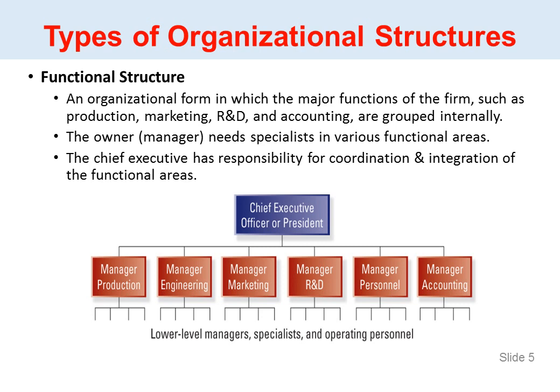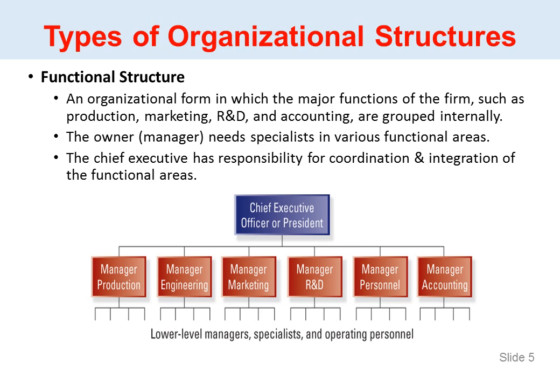Most companies are using such a functional structure. At the lower level are the employees or laborers, which could be another executive or lower-level manager, specialists, and then operating persons.